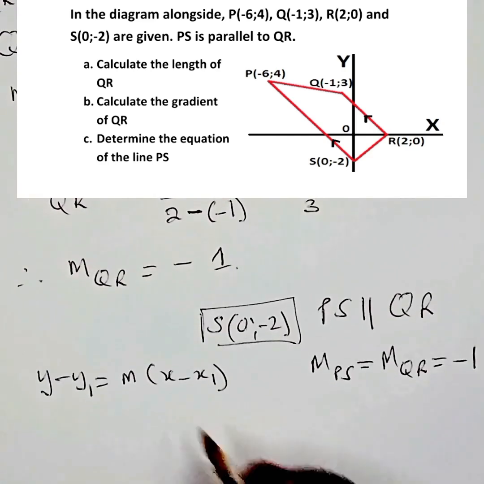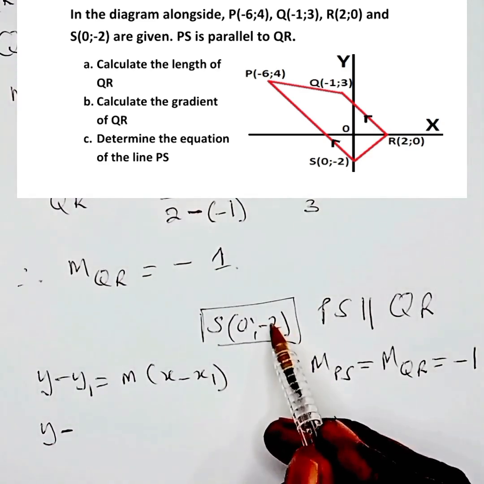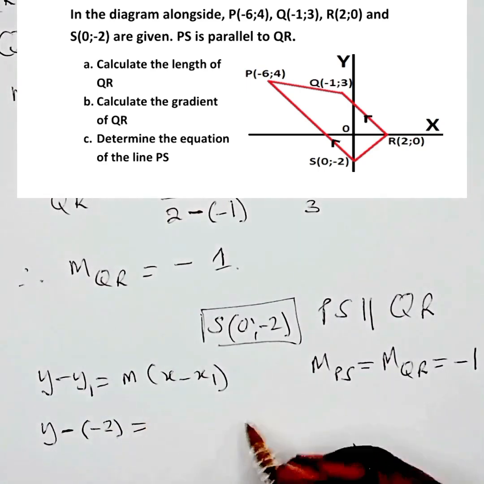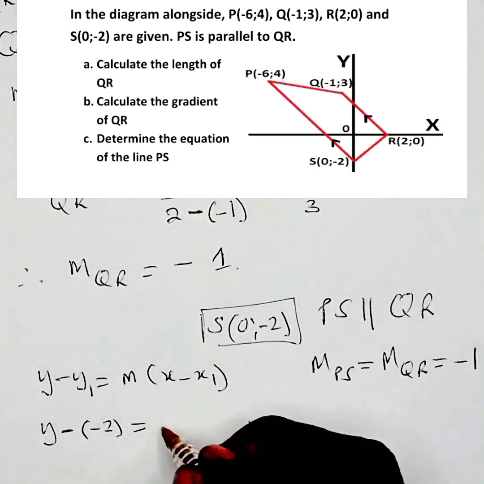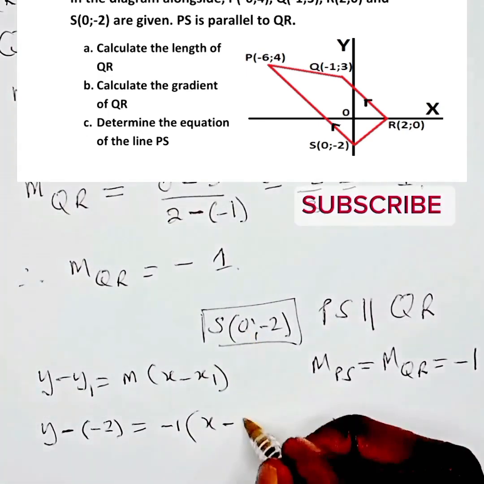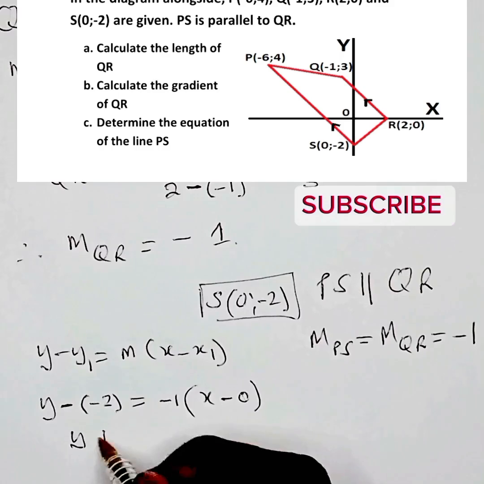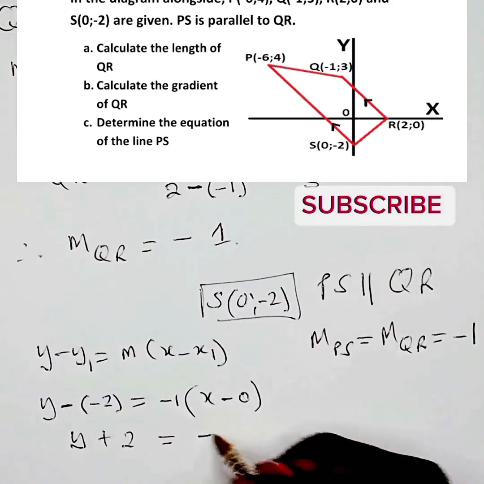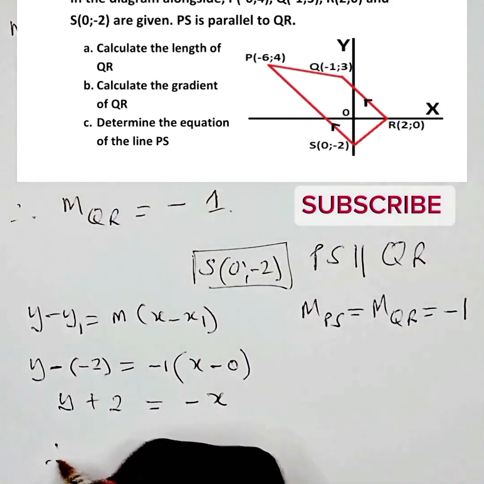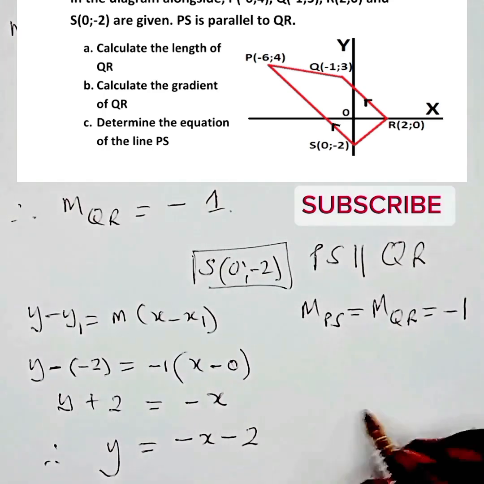So y minus y1, that's y minus minus 2, is equal to m, which we found is minus 1, times x minus 0. So y plus 2 is equal to minus x. Therefore, the equation of that line is y is equal to minus x minus 2.